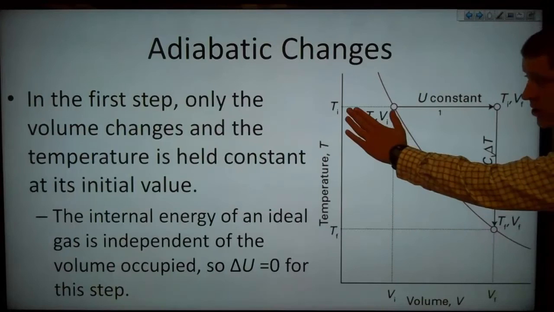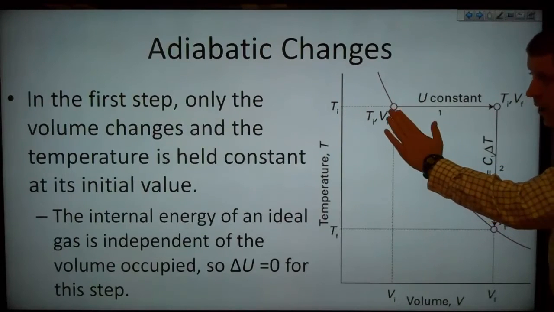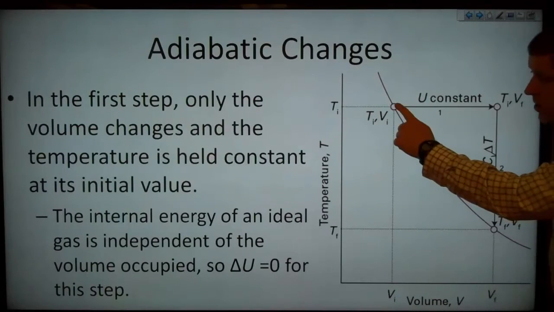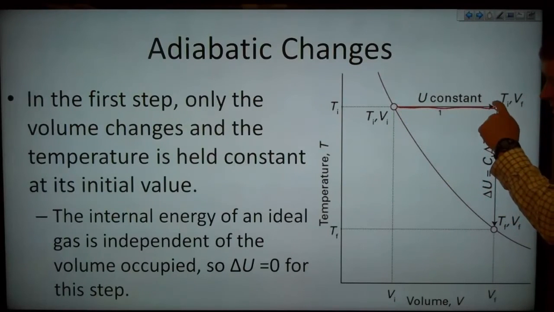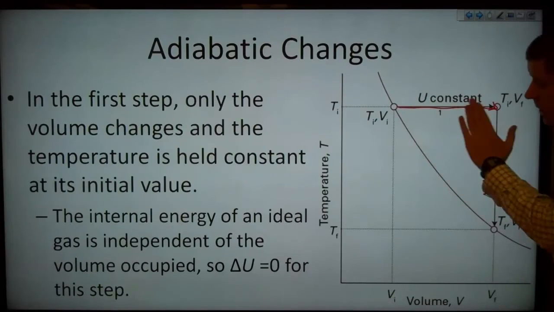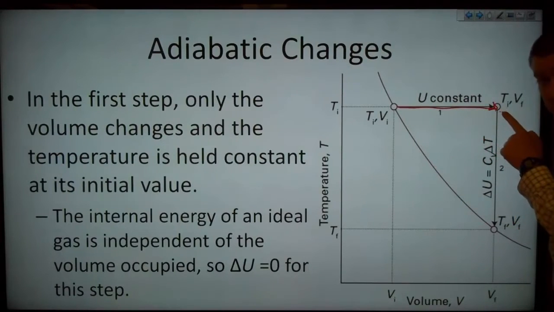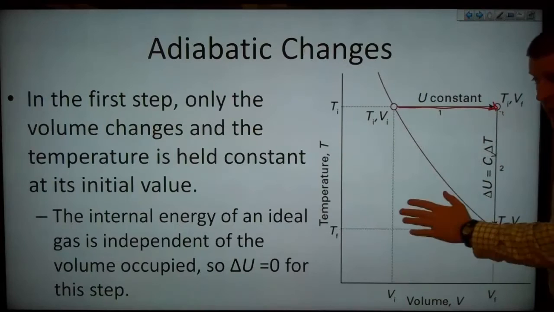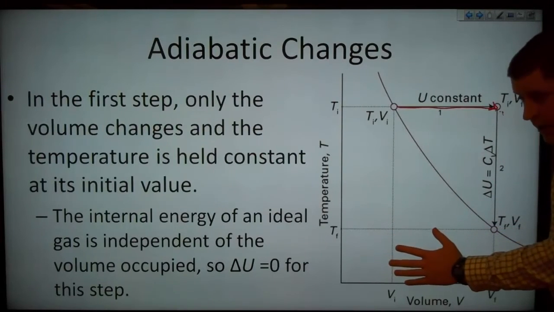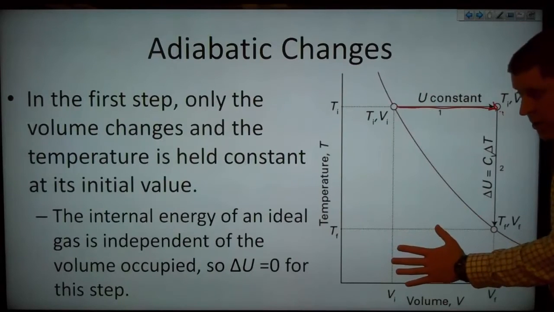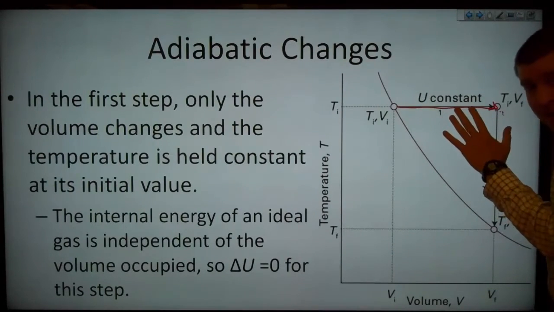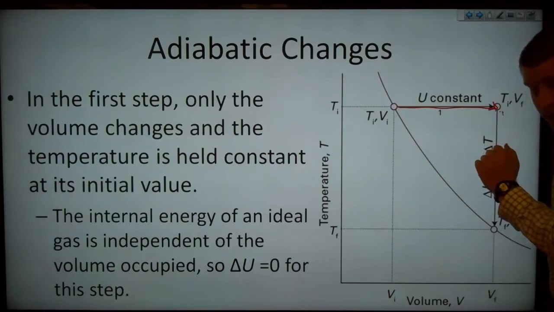So we're initially at some value Ti, and all we're doing is changing the volume, which we have on the bottom axis here. We're changing the volume along this step there. So now we're still at Ti, and now we're at Vf, our final volume. Now, the internal energy of an ideal gas is independent of the volume occupied, and that means that the internal energy change for that step is 0.